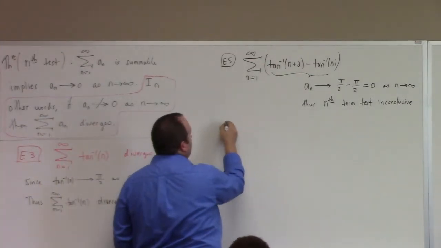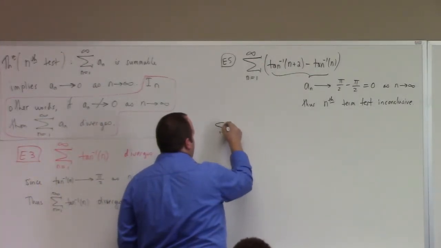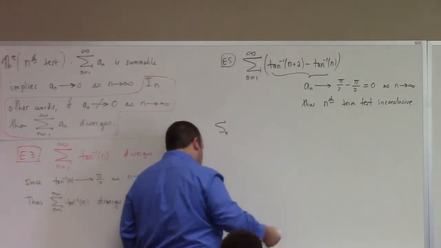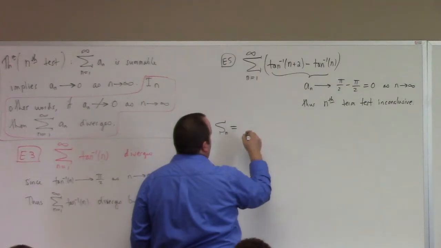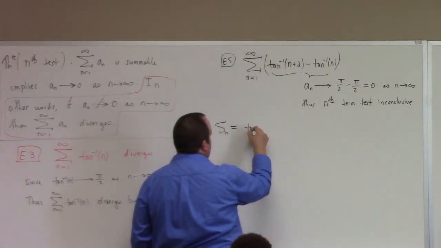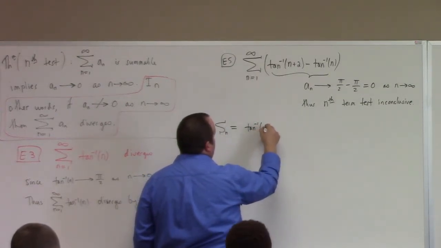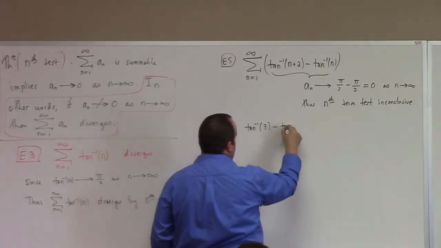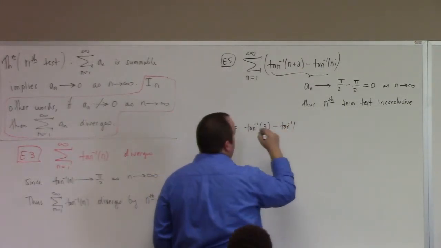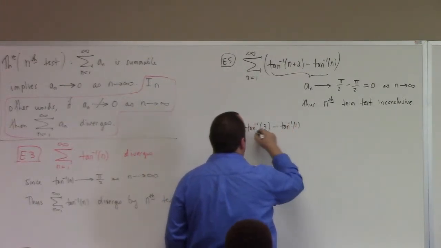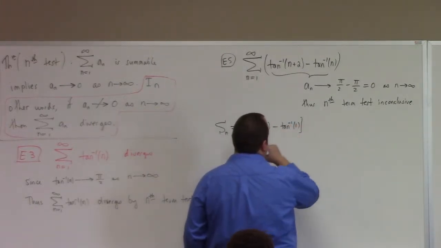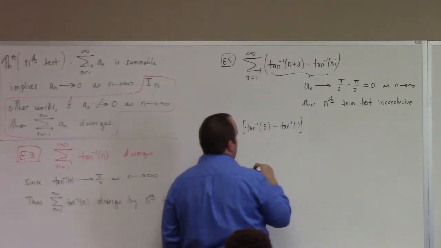I'll show you why. So we calculate the nth partial sum of this series. So that's what? Inverse tangent of 3 minus inverse tangent of, let's see here, n equals 1 gave me 3, 1, right? That's n equals 1.